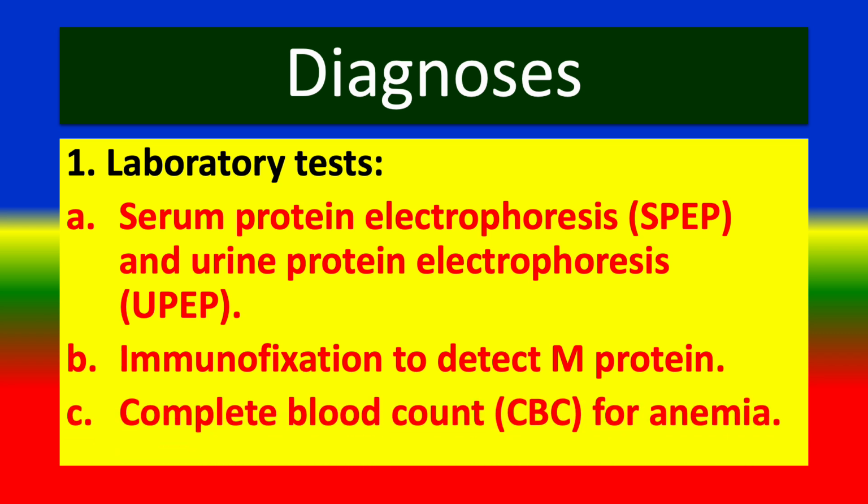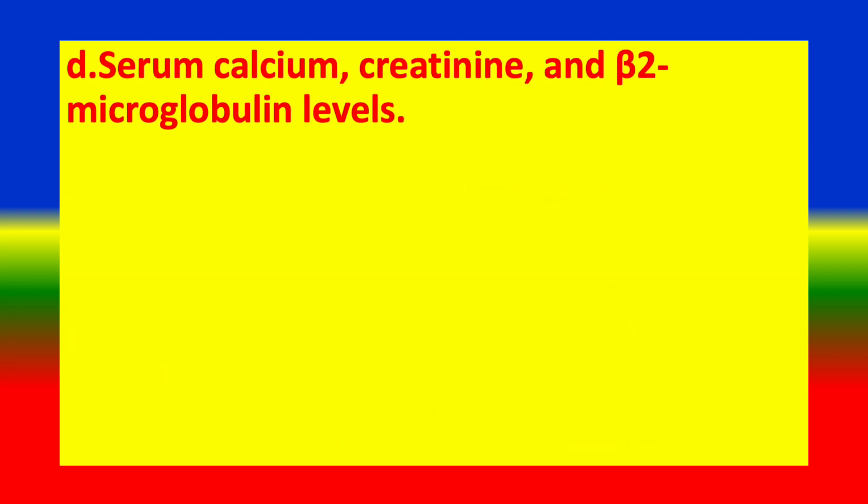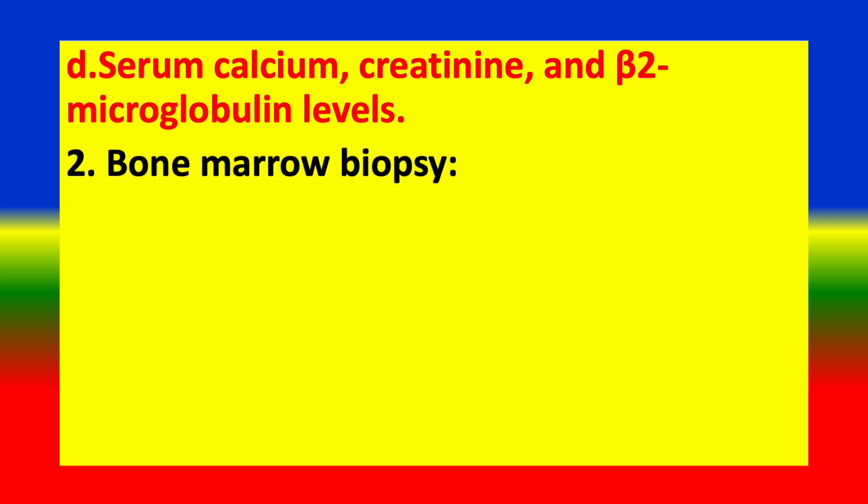C. Complete blood count, CBC, for anemia. D. Serum calcium, serum creatinine and beta 2 microglobulin levels. 2.